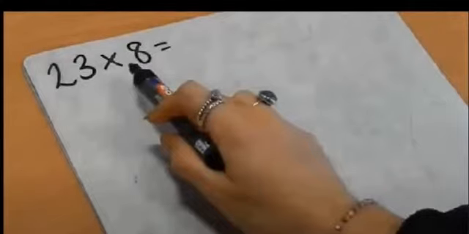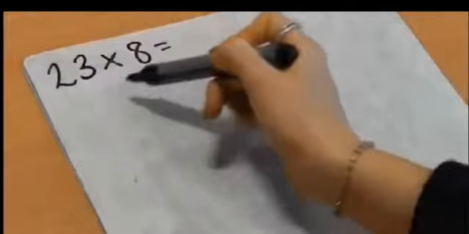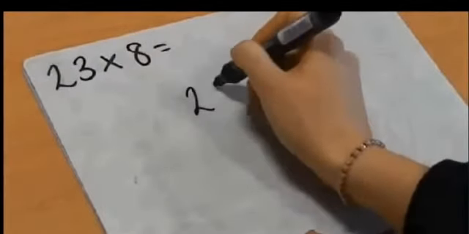Let's see another example. I will demonstrate how to work out 23 times 8 by partitioning the numbers and putting them in a grid, then multiplying each one in turn. Now, I am going to partition my two-digit number into ones and tens.